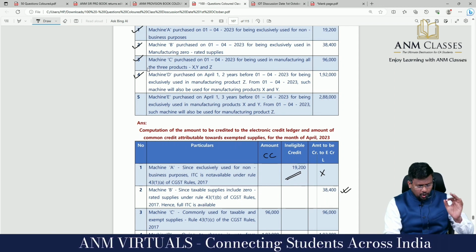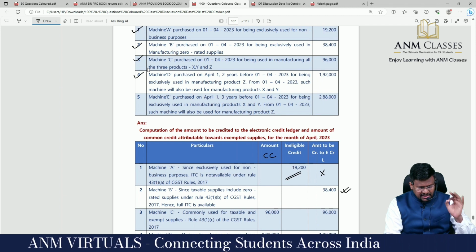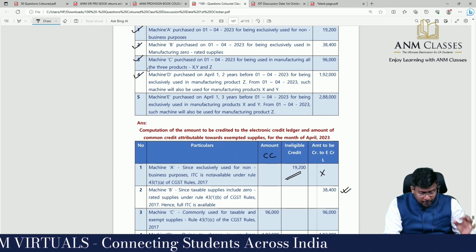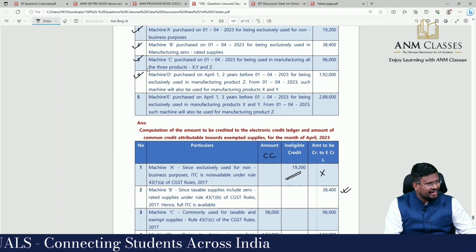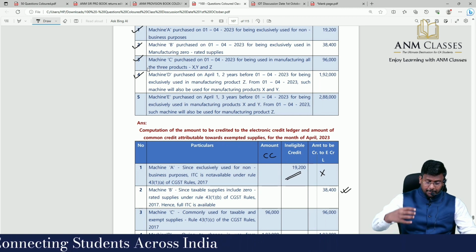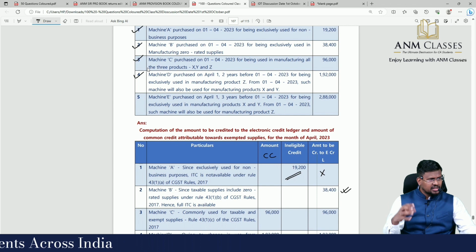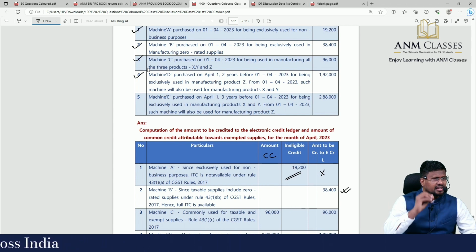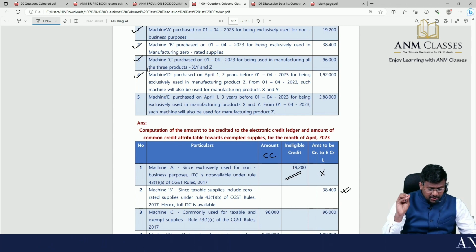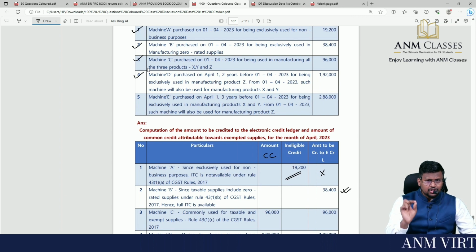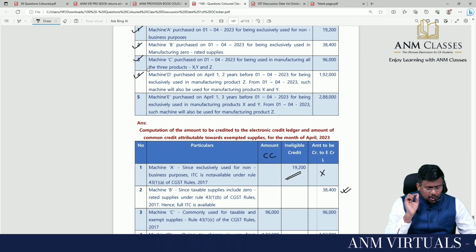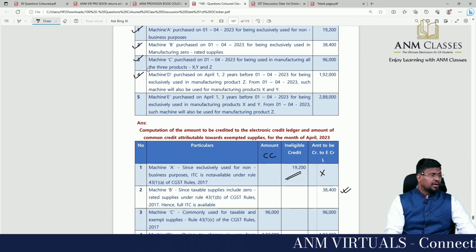From 1/4/2023 such machine will also be used for manufacturing another product. So when this machine was bought 2 years ago, we would not have brought the credit to the ECL, because with that machinery we were going to exclusively produce only exempted supply.